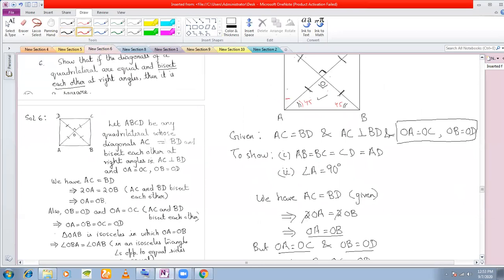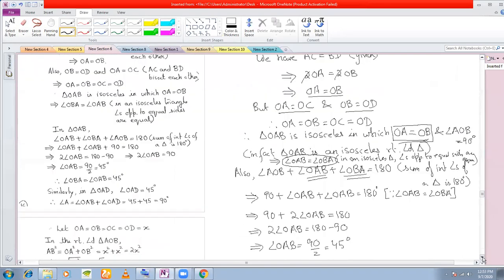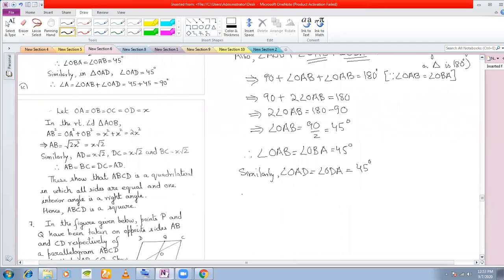If this is also 45, then angle A here is 45 plus 45. So that I'm going to write. Therefore, angle A is 45 plus 45 is equal to 90 degree.